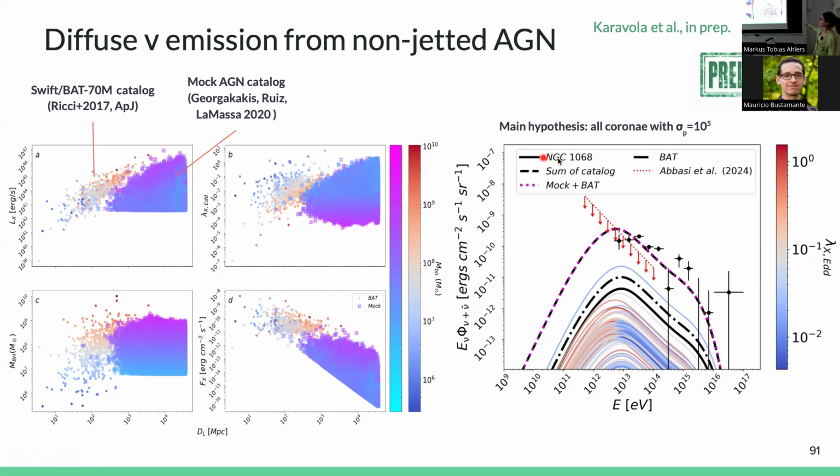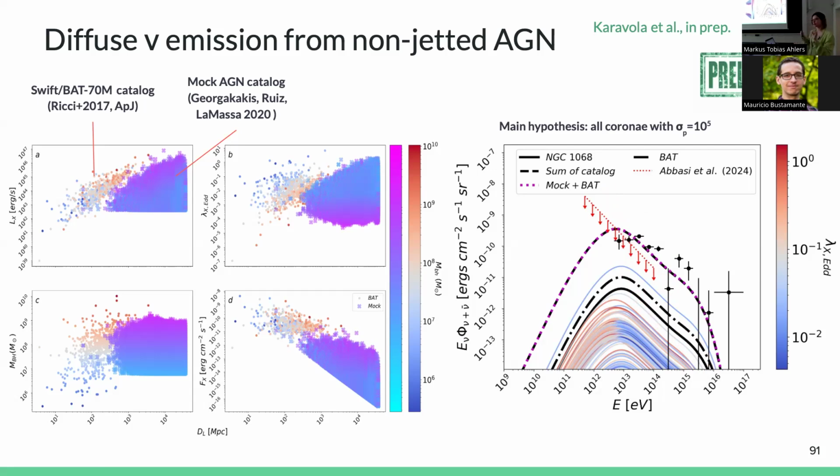Here you can see, with a black dashed line for comparison, the contribution of NGC 1068 in neutrinos. Here is the diffuse flux calculation coming from our analysis. It's pretty interesting that it has the same kind of shape as NGC 1068, because in our model the neutrino shape is determined by the efficiency, and the efficiency depends on the Eddington ratio.